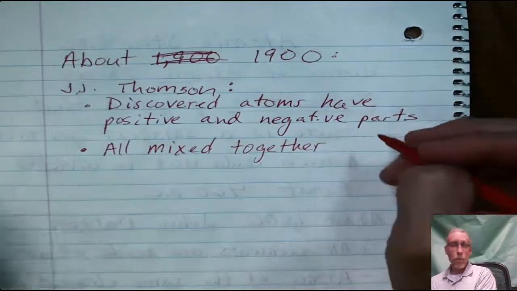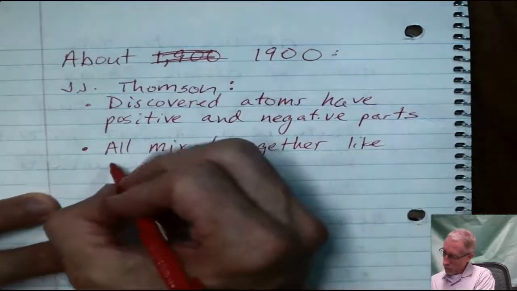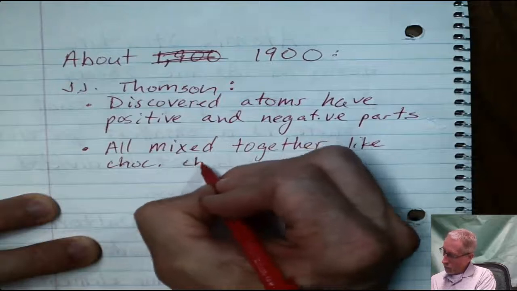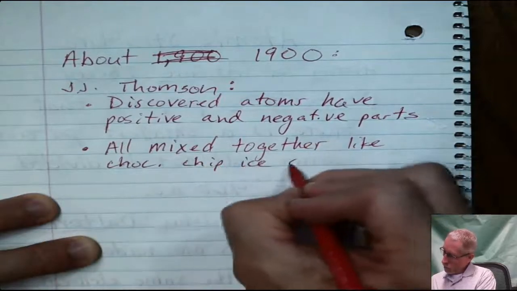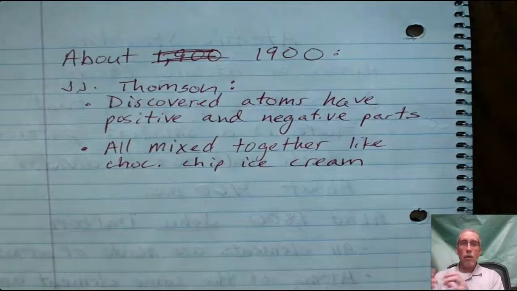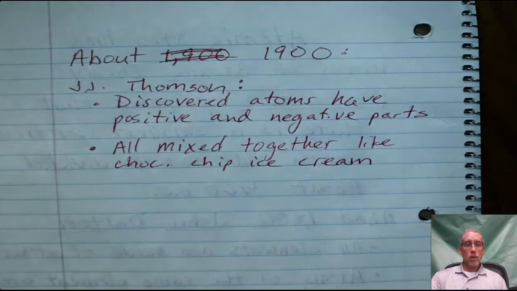And a great example our textbook uses, like chocolate chip ice cream, where you got the chips all mixed together around the ice cream itself. But the next important discovery showed us a little bit better about exactly how these positive and negative parts of the atom are actually arranged.